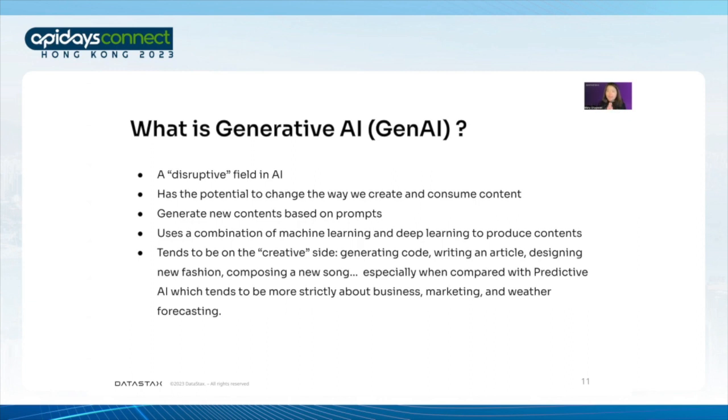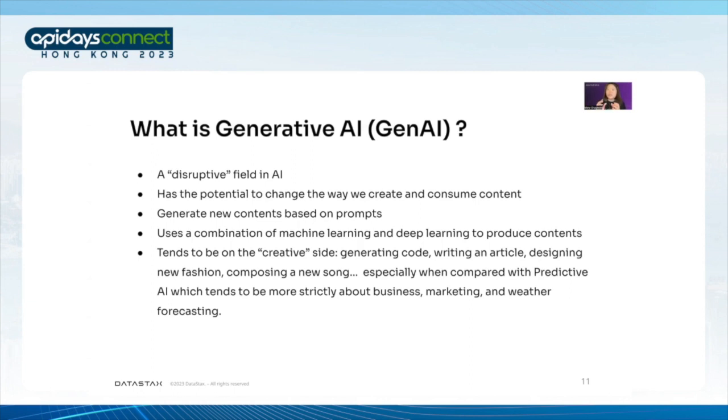And then the thing is, though, Gen AI may be newer, but what has actually already been working for quite some time, not that new, is the predictive AI, which deals with, as the name implies, prediction. If you differentiate, one aspect is that predictive AI tends to focus more on the practical, business side: business forecasting, weather forecasting, marketing forecasting, that type of stuff.